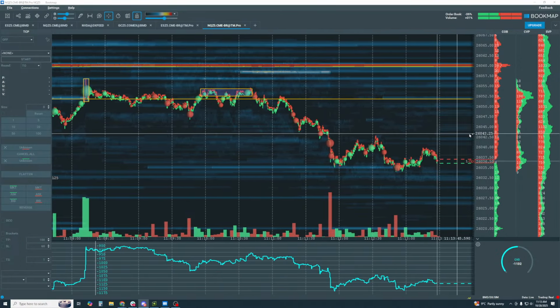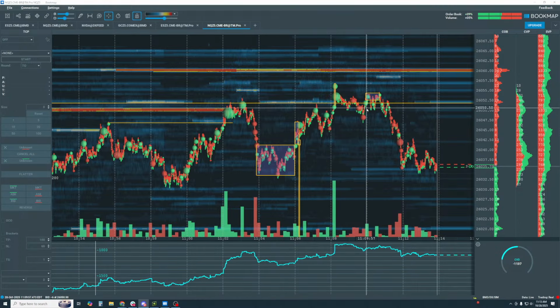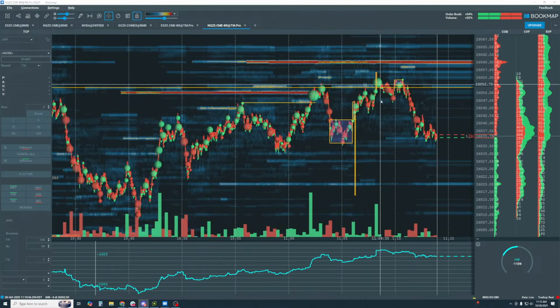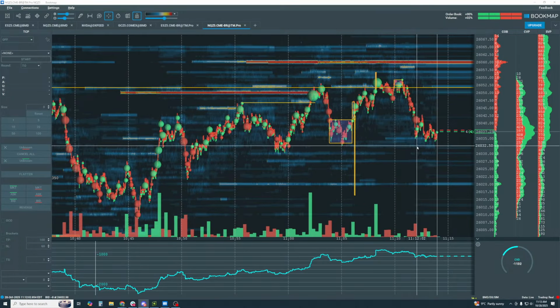It's been pretty tricky. We're looking for continuations, and it just kind of comes down to some of these swings breaking and coming back in. It's kind of hard to look for follow through on some of these. They're just not following through.